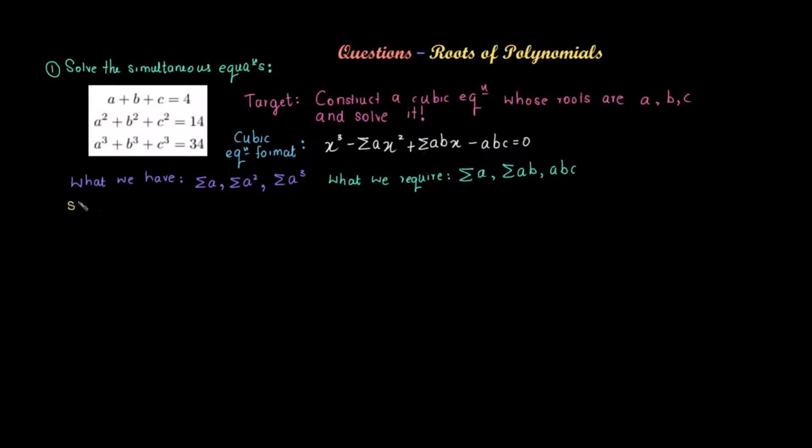So step 1 is to find sigma ab. As you can remember, from the sum of the squares of the roots, you can find sigma ab. So sigma a squared is equal to sigma a whole thing squared minus 2 sigma ab.